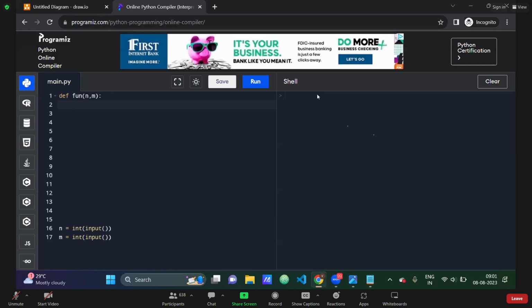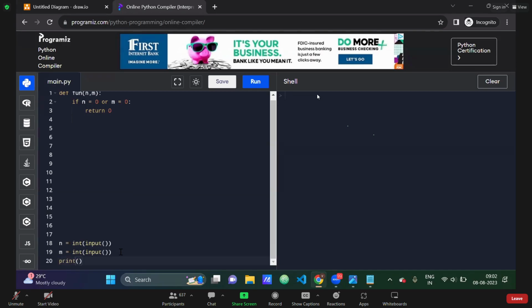Okay, so first, if the height is 0 or width is 0, then you can't place a tile, right? So in that case, you need to return 0.